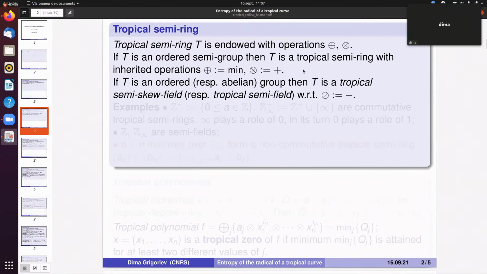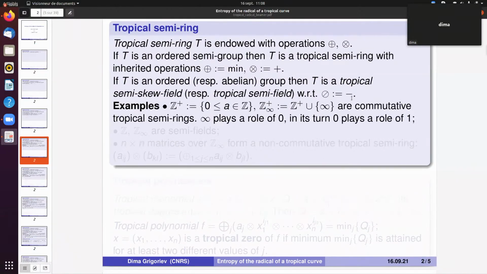If you have some additional structure, say it is an abelian group rather than a semi-group, then T is called a tropical semi-skew field in case of an ordered group. And if it is abelian, then you can talk about a tropical semi-field, where the tropical division plays the role of subtraction.